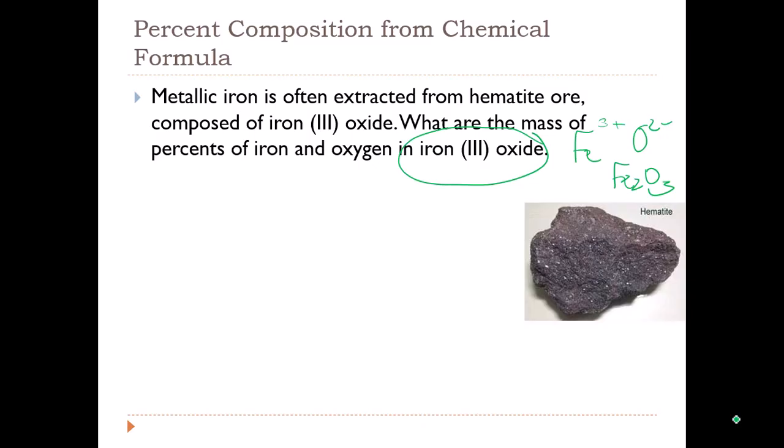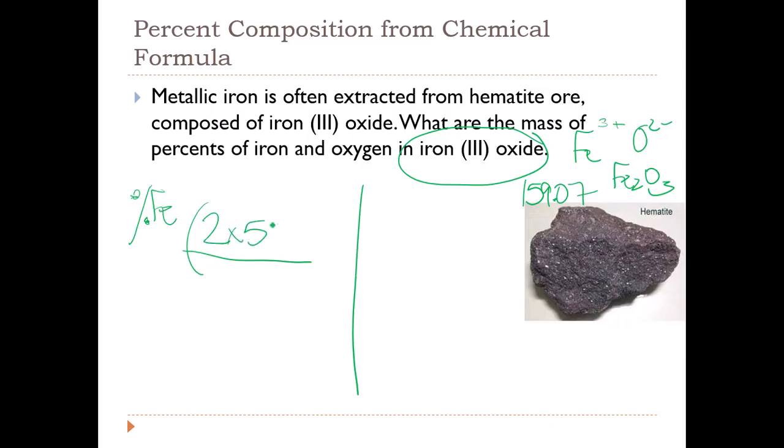Fe2O3. And I'm going to cheat a little bit. The formula mass is 159.7. So for iron, the percent iron would be equal to 2 times 55.85 divided by 159.7, times 100.